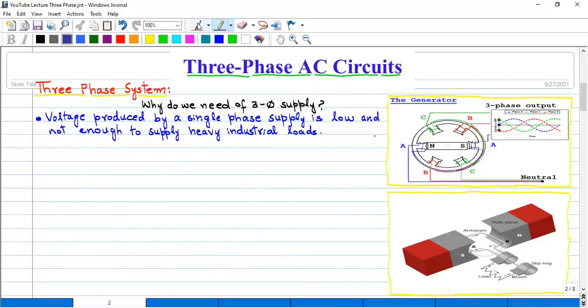So in industry, heavy loads require polyphase supply.